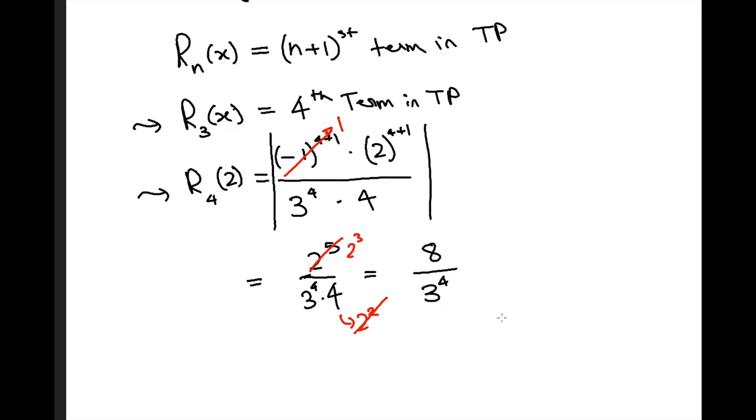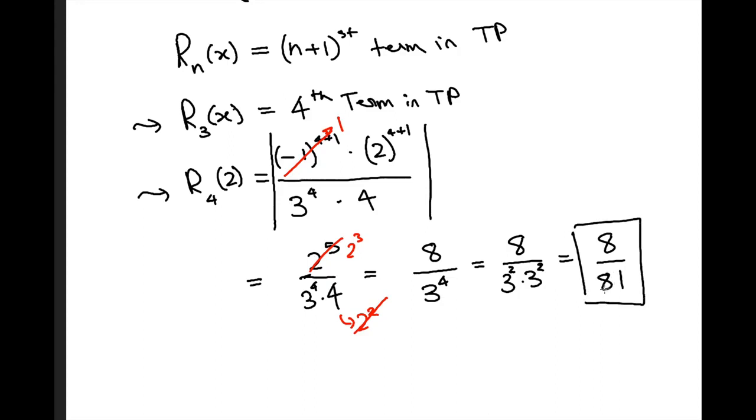So we have 8 over 3 to the 4th. 3 to the 4th is basically the same thing as 3 squared times 3 squared. So we'd have 8 over 3 squared times 3 squared. 3 squared, if you realize, is just 9. So 9 times 9, we're going to have 8 over 81. And that right there would be your final answer.